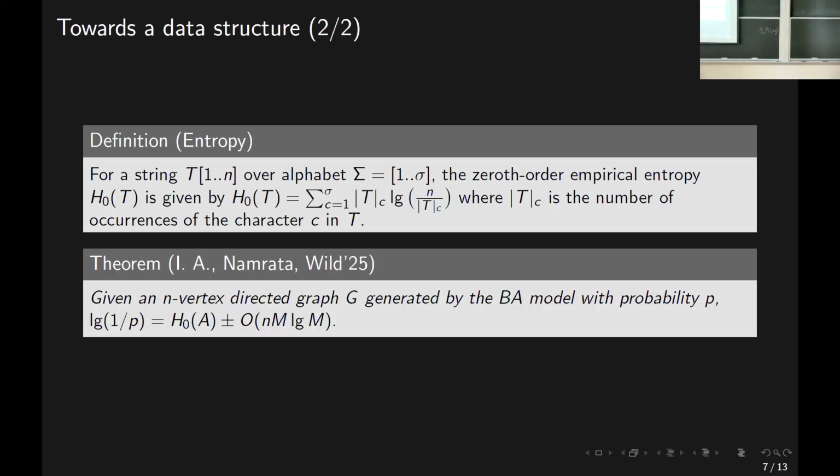And one nice result is that given an n-vertex directed graph G generated by this very model with probability P, log 1 over P is actually equal to the entropy of A, the adjacency string of the graph, with some error margin. And, well, that's nice. Now we want to devise a data structure whose space usage falls within that range, okay?